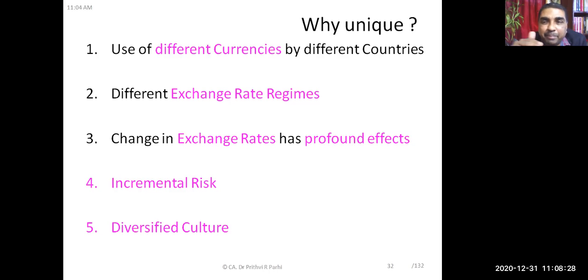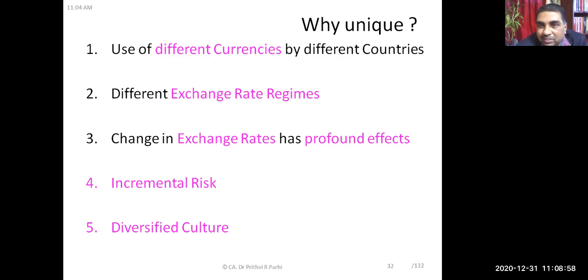Their central bank maintains the currency price. Some countries have a flexible exchange rate regime. Their currency fluctuates depending upon the market trend. And some countries follow a mixture of this. It may be, you can say, a semi-fixed and semi-fluctuating exchange rate regime.